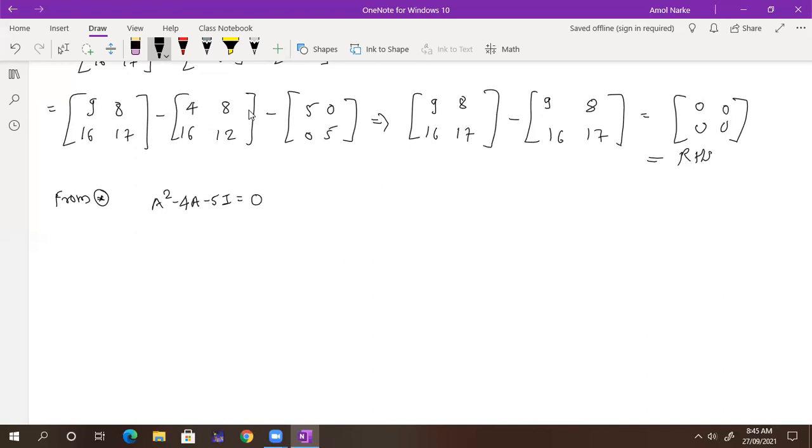So multiply, if it exists. Check whether the determinant is 0 or not. So find the determinant of A. A is nothing but 1, 2, 4, 3. So what is this determinant? 3 minus 8, which is minus 5, which is not equal to 0. That means the inverse exists.